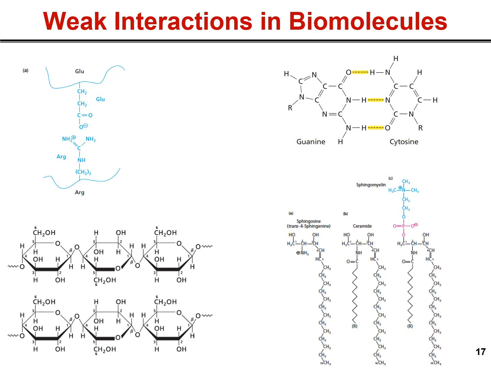Okay, so now let's go over here in the lower right-hand corner. We've got a couple of different molecules. We've got sphingosine, sphingomyelin, and ceramide. Now, what's significant about all of these molecules is that they have this long hydrocarbon chain.